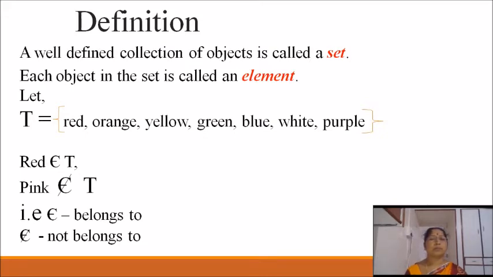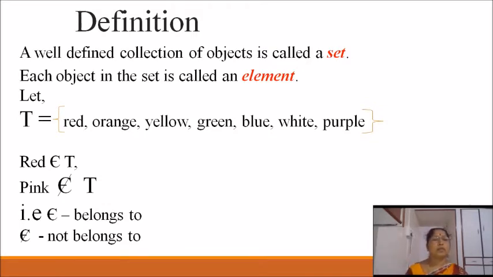Here the set is denoted by a capital letter and the elements of the set are denoted by small letters, and the elements of the set are arranged without repetition and separated by commas.